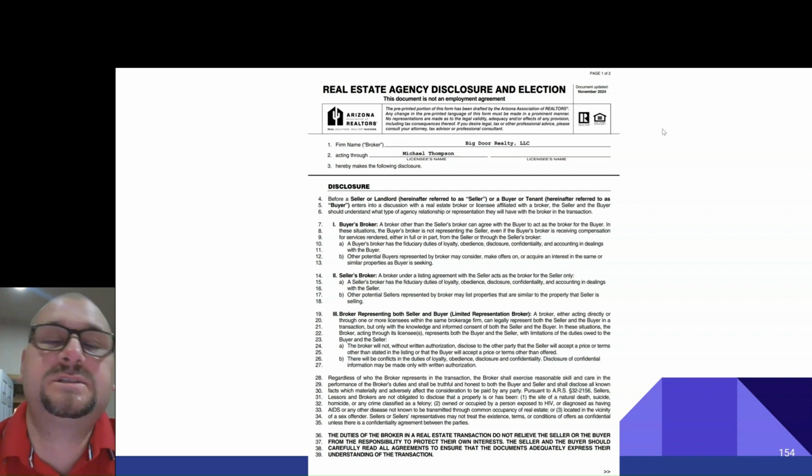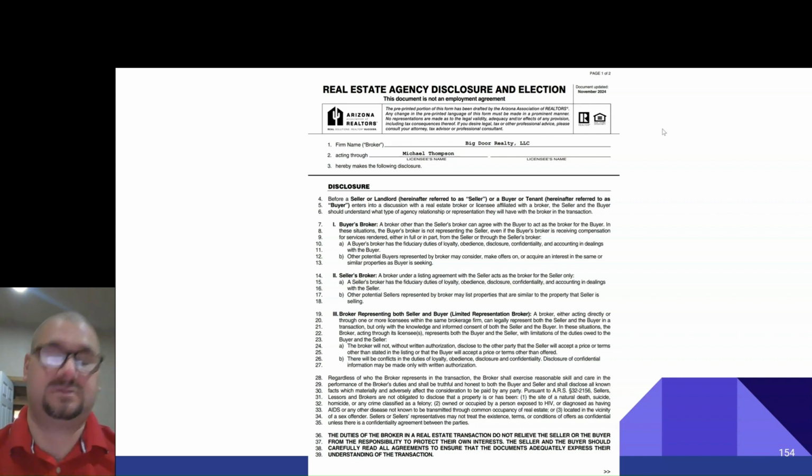So if you accept two parties, right, and one is selling it and they say we want 400,000, and your buyer says, what's the lowest he can go? Will he go 390? And the agent says, yeah, we can go 390. Then you've just broken your fiduciary duty.